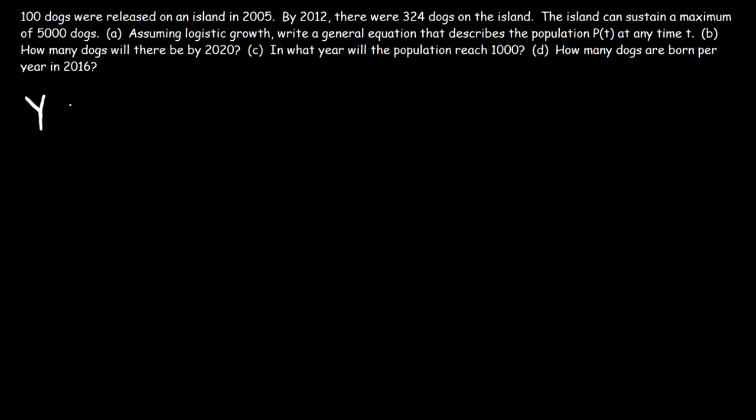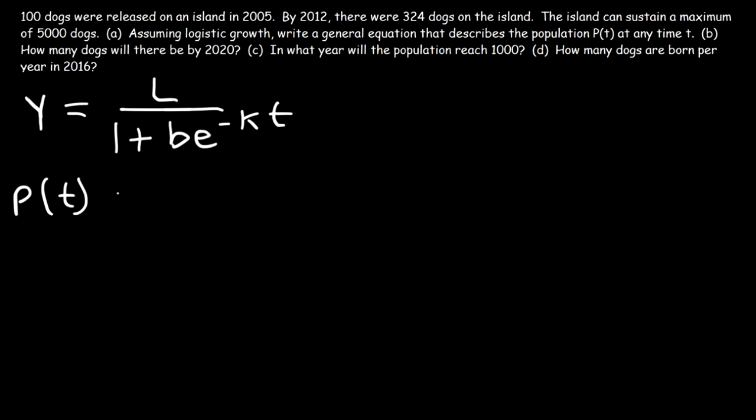So we know the general equation is y is equal to L over 1 plus b times e raised to the negative kt. In this case, we're just going to replace y with P of t. And that's going to be L over 1 plus b e raised to the negative kt.